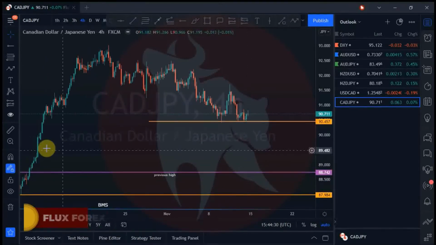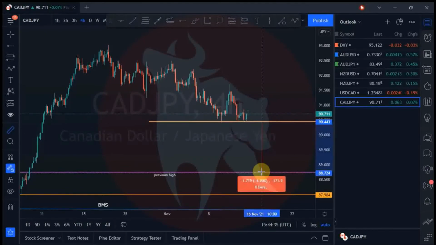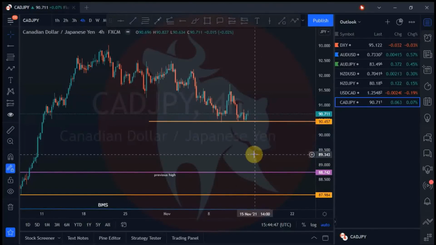Let's see the number of pips that is going to give us. Wow, that is around 167 pips. So that is it for CADJPY going into this week.